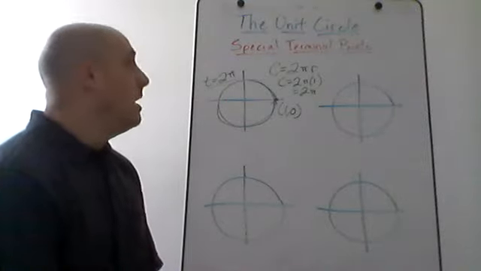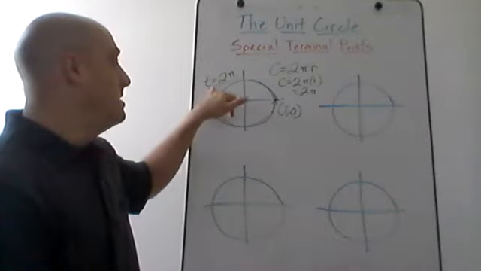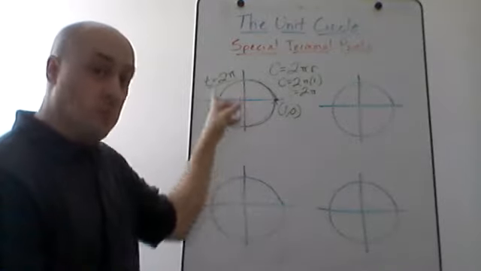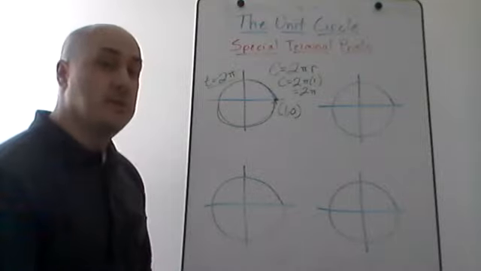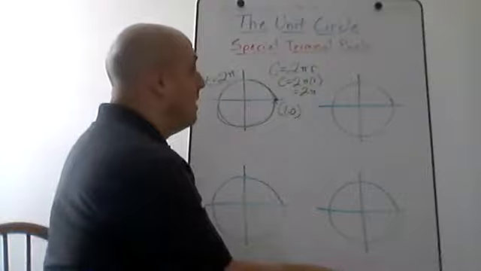So the first really important terminal point to know: when t is equal to 2 pi, our terminal point is 1, 0. 2 pi means 1 full lap around the circumference of the circle. It's just one of those you need to know, that all the way around the unit circle is a distance of 2 pi. So that's that one.